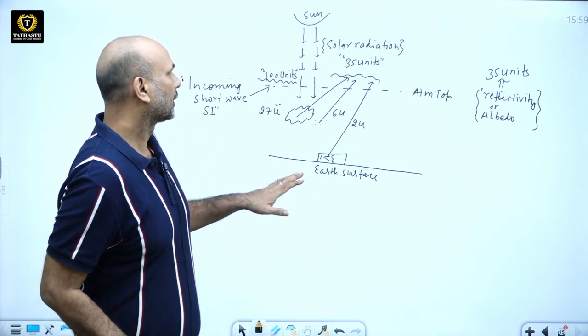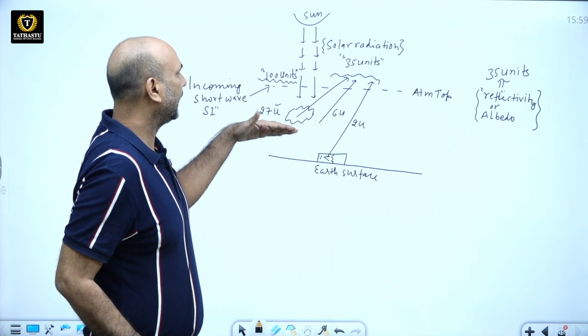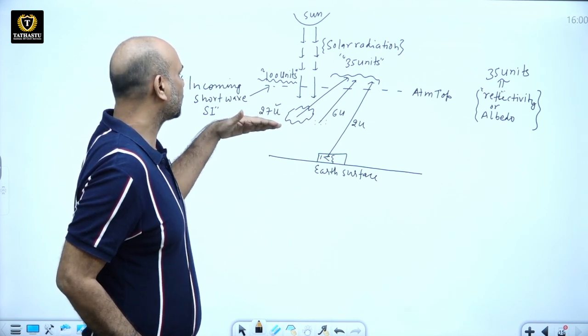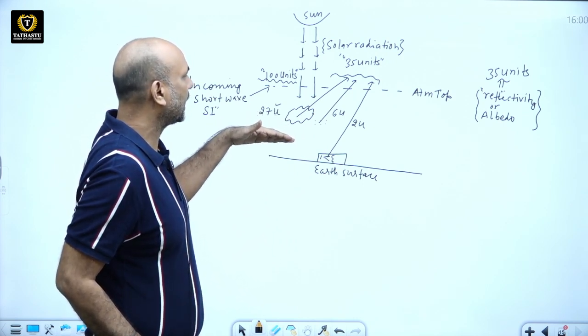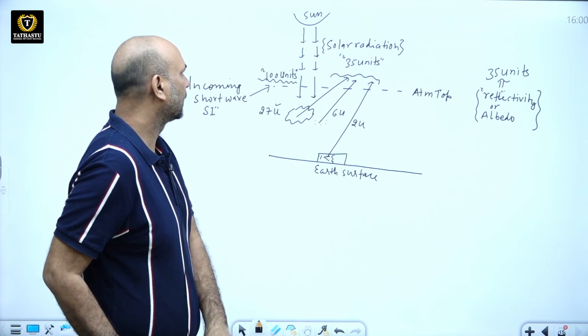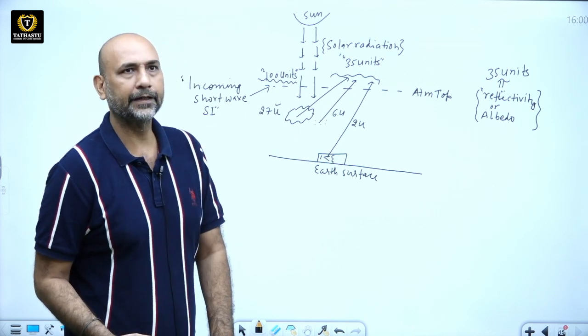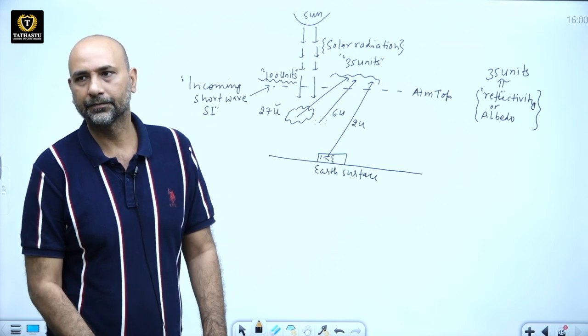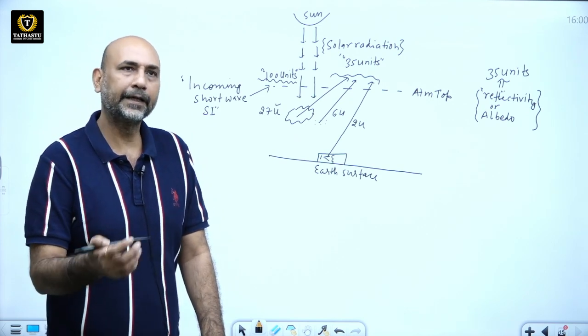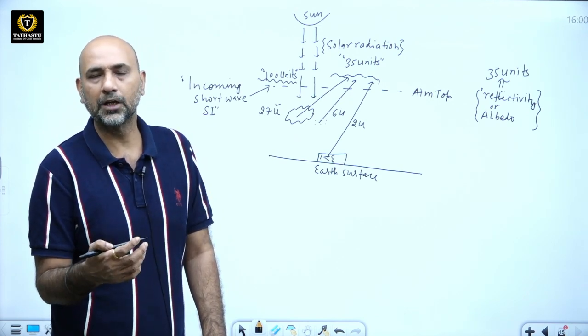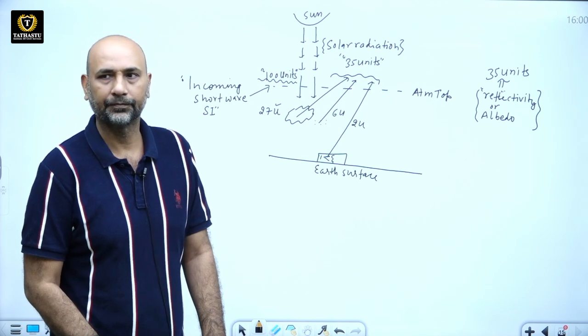So, if we consider annual incoming shortwave solar insolation at the atmospheric top to be 100 units, 35 units are reflected back to outer space without getting absorbed by either the atmosphere or the surface of Earth.